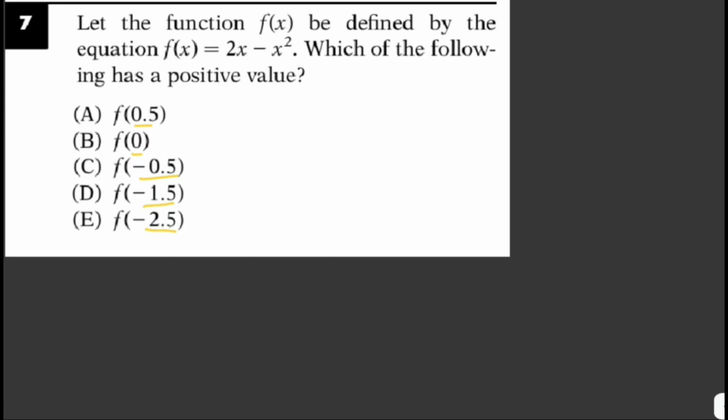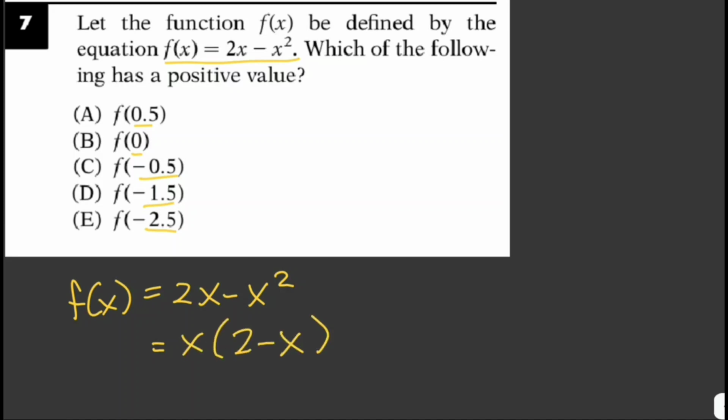So the first thing we do here is to factor the given function. We have f of x equals 2x minus x squared. We can factor out x, then we have 2 minus x.